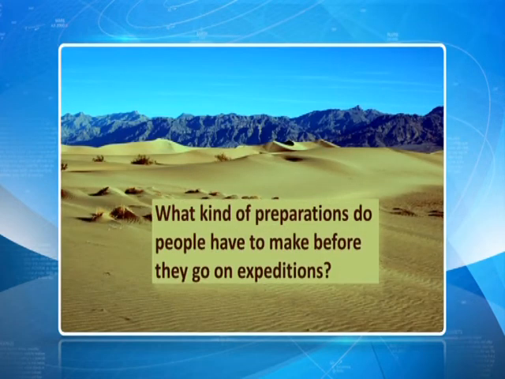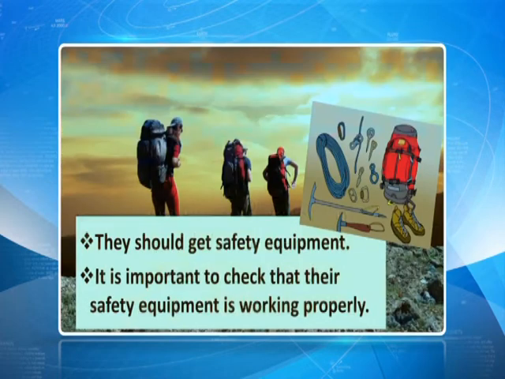Right, here is another question. What kind of preparations do people have to make before they go on expeditions? So, first, they should get safety equipment. Okay, so always when you go on an expedition, you should hope for the best, but prepare for the worst. So safety equipment is so necessary.